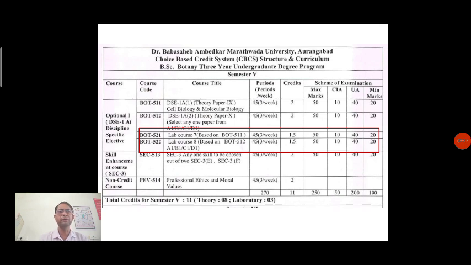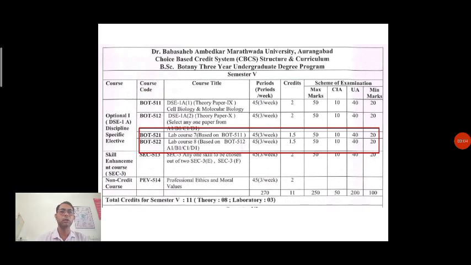These also have 45 lectures per semester, with 50 maximum marks. Again the continuous internal assessment is 10 marks and 40 marks is the university assessment. So in total we can say these 4 subjects have 200 marks, and these 200 marks have internal marks of 40.